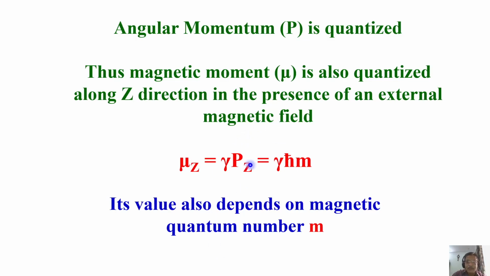Since this is quantized, mu Z is also quantized. So the Z component of the magnetic moment is also quantized. And that quantization, as I said, depends upon the magnetic quantum number. So simply you understand, for the magnetic moment, the direction of quantization again depends upon the magnetic quantum number. That is the conclusion you must remember.